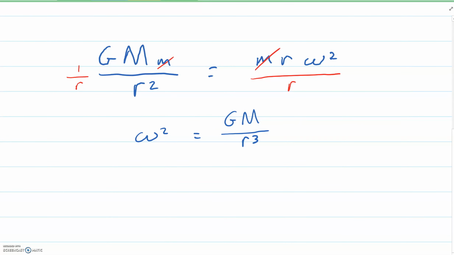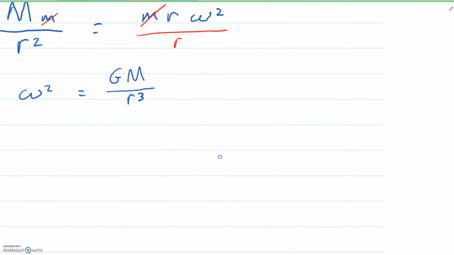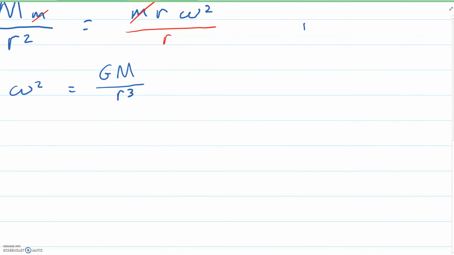And we also know that omega, the angular velocity, is related to the period of a satellite by this formula, 2 pi over T. So anything traveling in circular motion, the angular velocity is 2 pi divided by the period. Now, I'm going to do a little aside to show where that comes from if you are not too sure. This is not needed in the proof, so hence it's an aside.